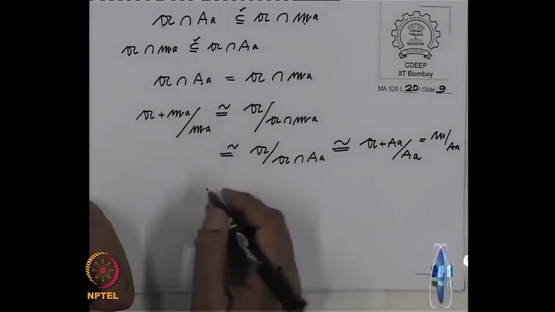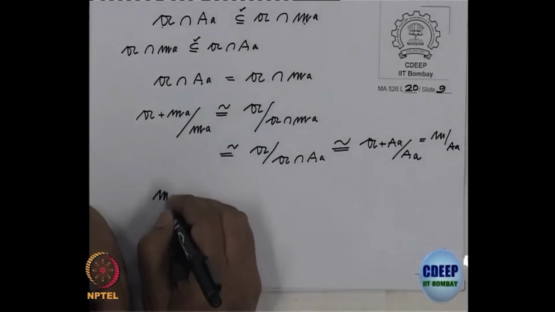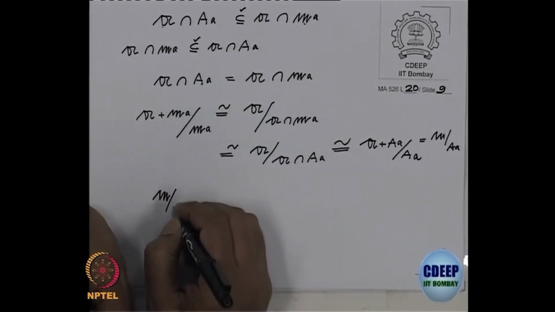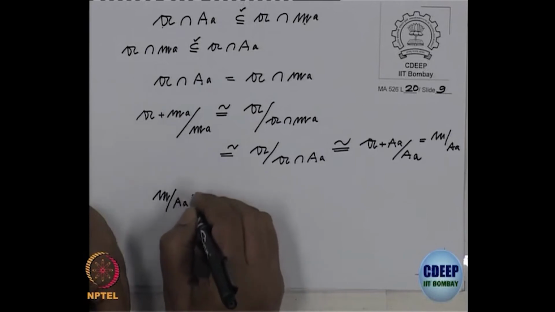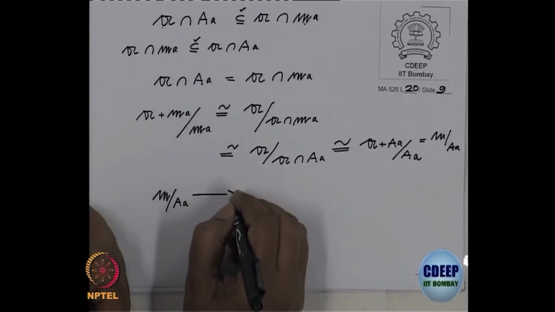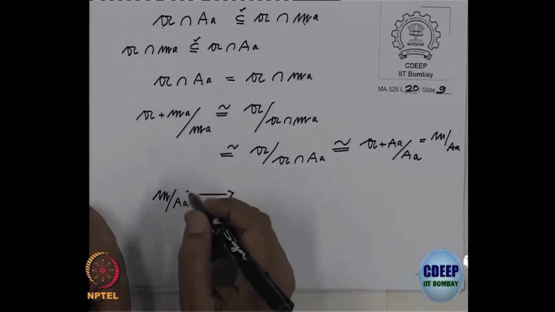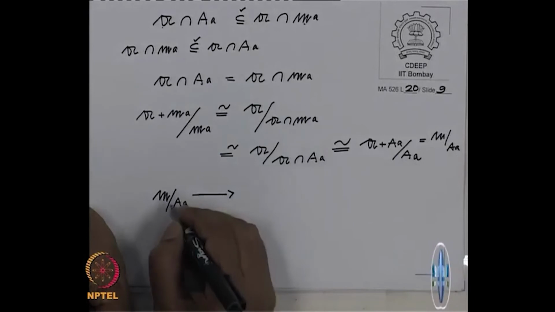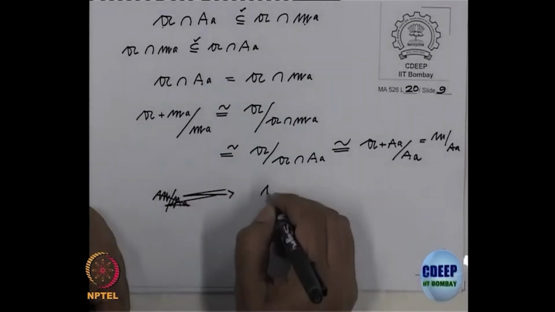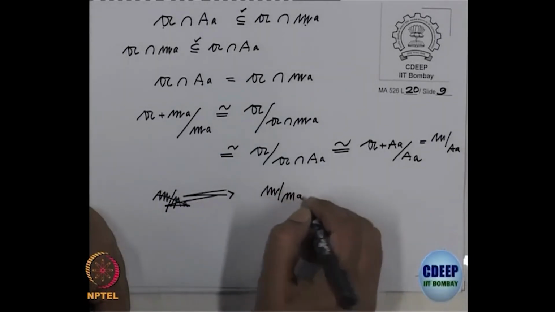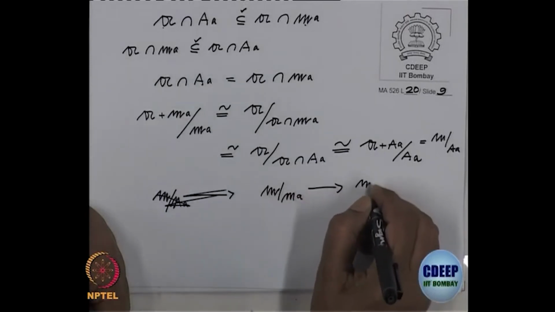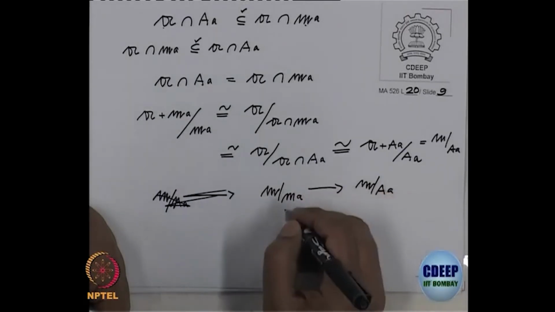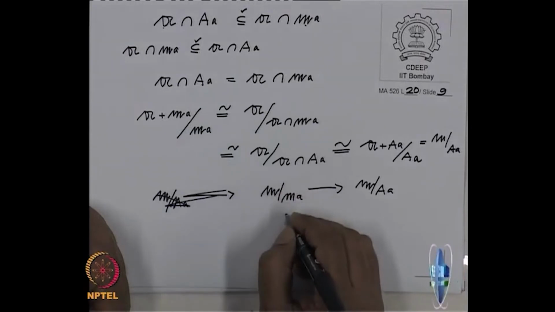Which shows that I have a map from M mod MA to M mod AA. I have a natural map which maps any coset here. So, let me, it is dangerous to write like that.